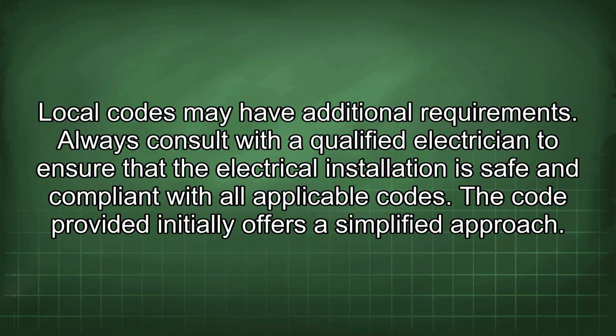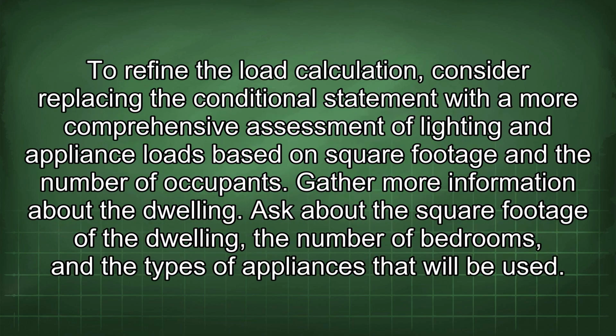The code provided initially offers a simplified approach. To refine the load calculation, consider replacing the conditional statement with a more comprehensive assessment of lighting and appliance loads based on square footage and the number of occupants. Gather more information about the dwelling. Ask about the square footage of the dwelling, the number of bedrooms, and the types of appliances that will be used.